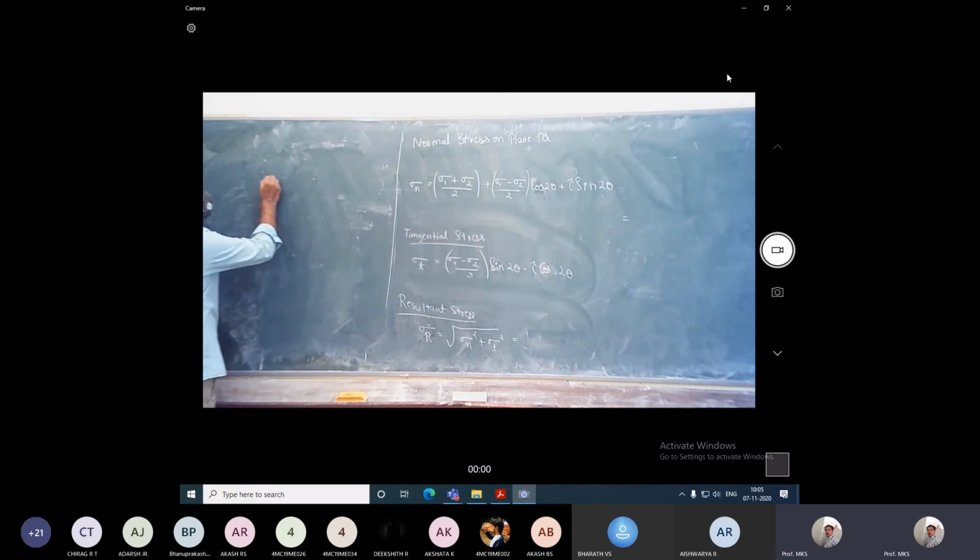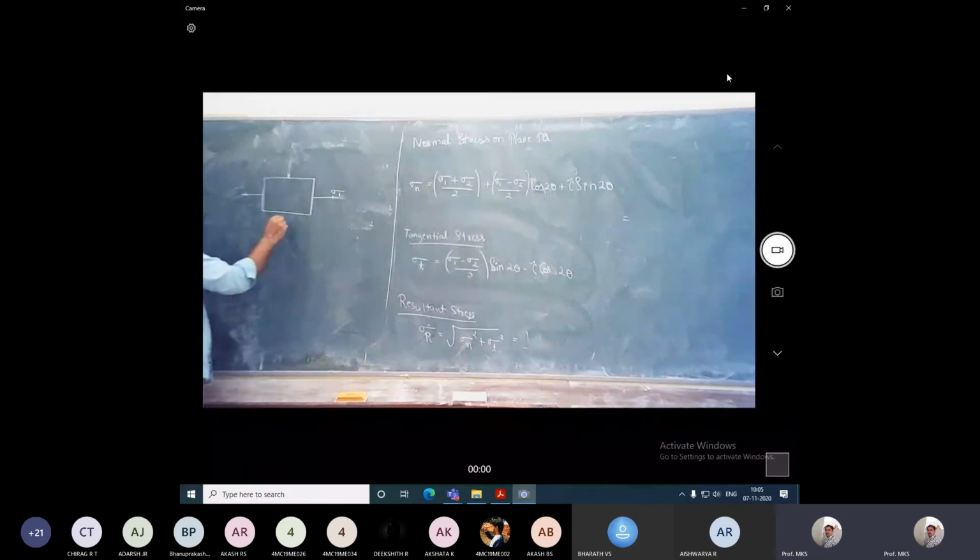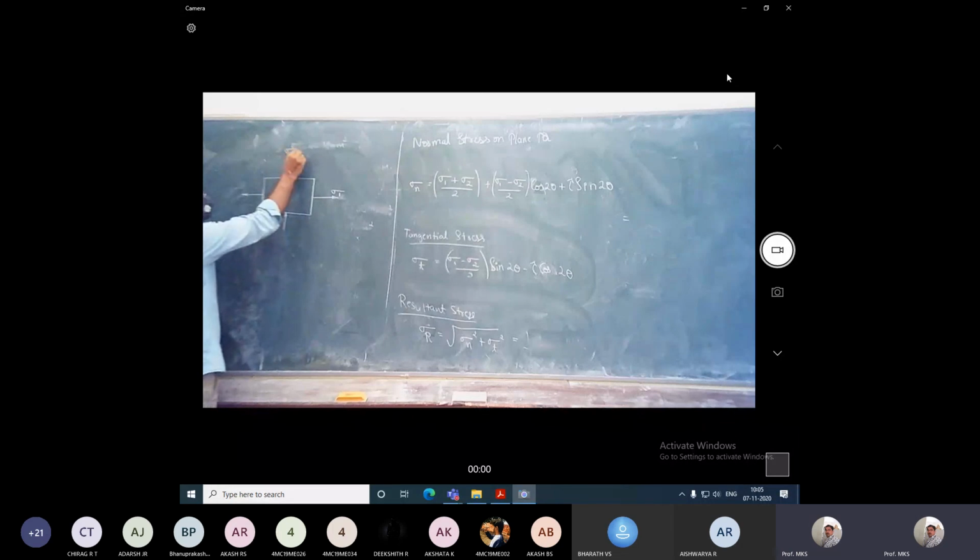So here, the same diagram. We have a major stress that is tensile, that is in the x direction. It is sigma 1. And the minor stress is compressive, so I'm reversing the direction of the arrow mark. Sigma 2 is compressive. So how much is sigma 1?